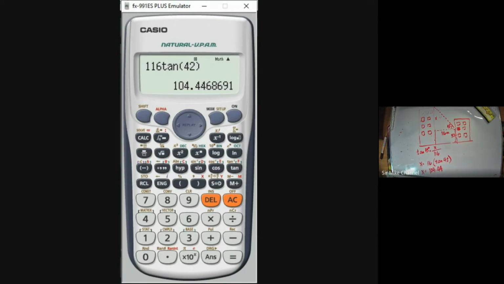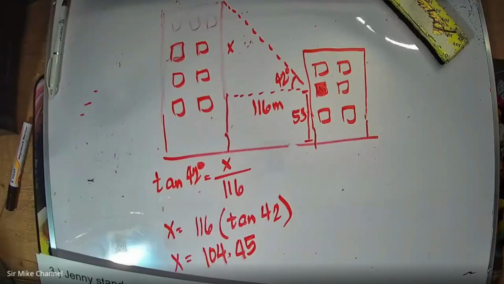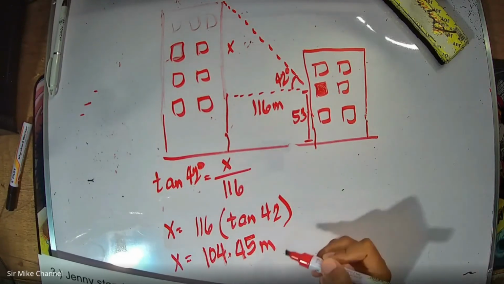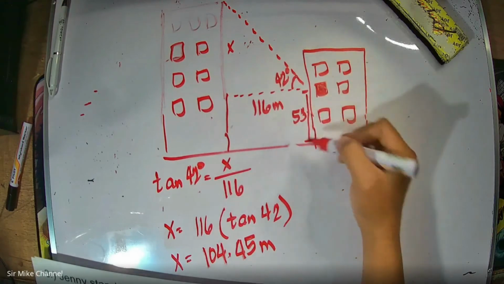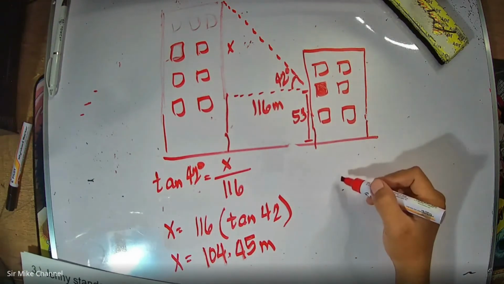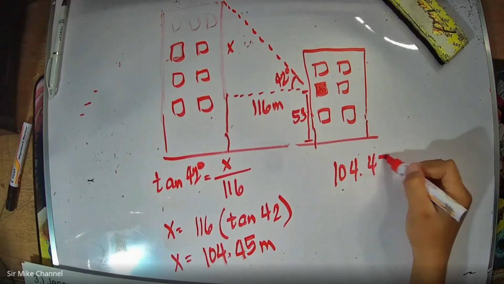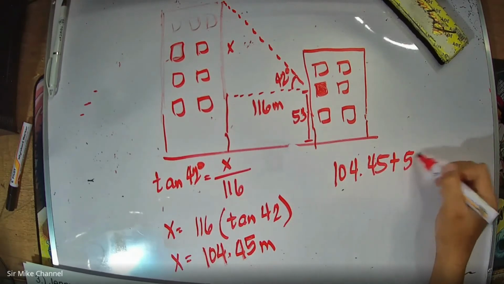Okay, so that is the answer. Or 104.45, pwede yun. Nag-rounding off na tayo. Plus natin yung measurement natin kanina. So para makuha yung skyscraper natin, 104.45 plus 53.